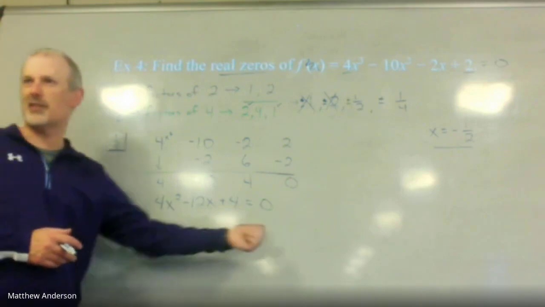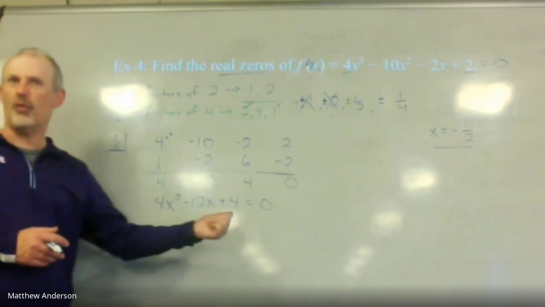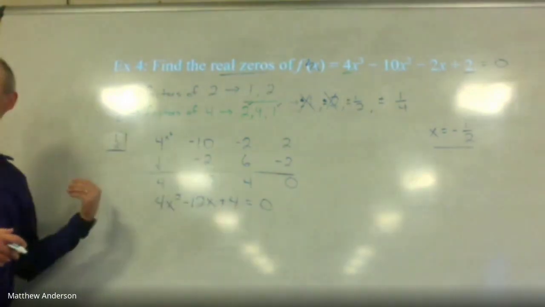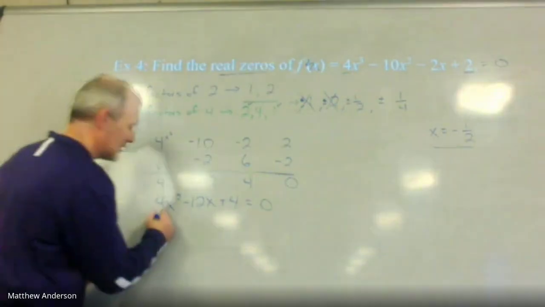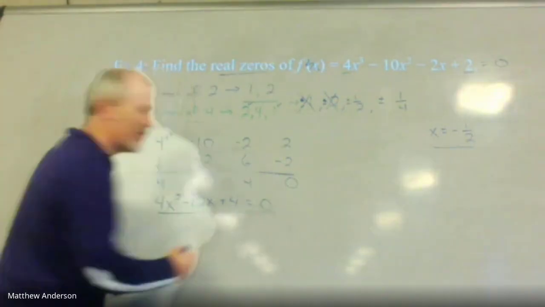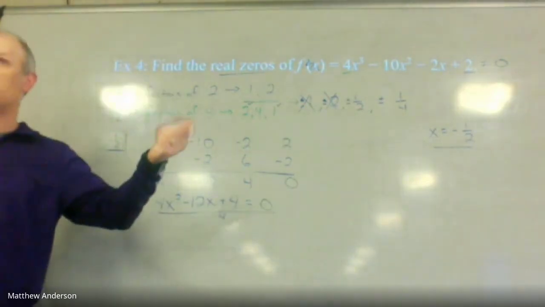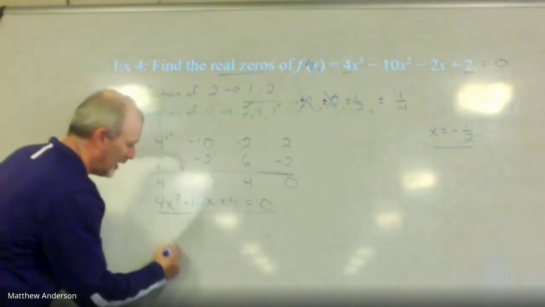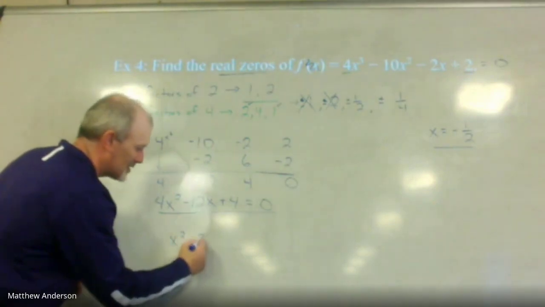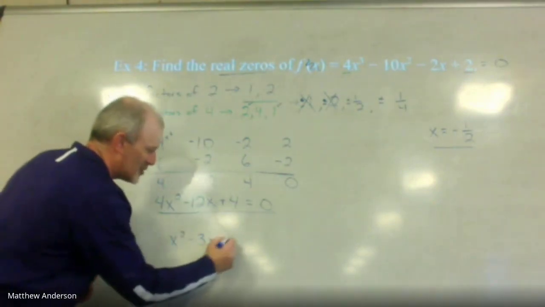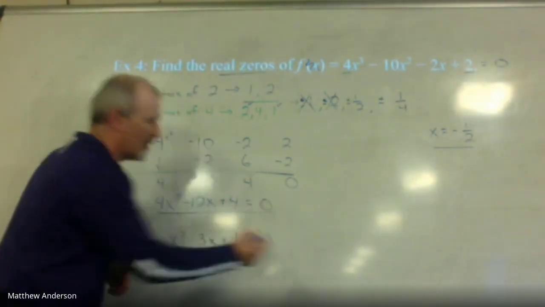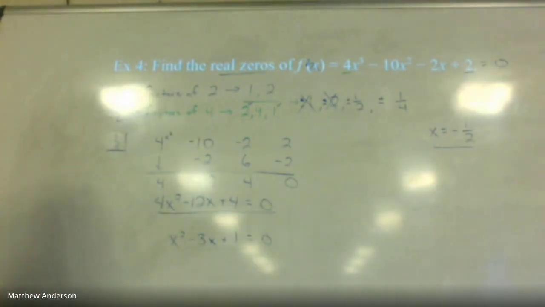What divides evenly into all of these? 4. Now, we could factor it out, but with an equation, we can just take both sides of the equation and divide everything by 4. As long as we do the same thing to both sides, that's okay. So dividing by 4, we'll have x squared minus 3x plus 1, and still 0 on the other side. 0 divided by 4 is still 0.